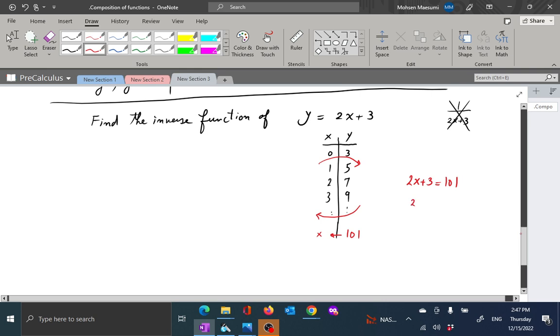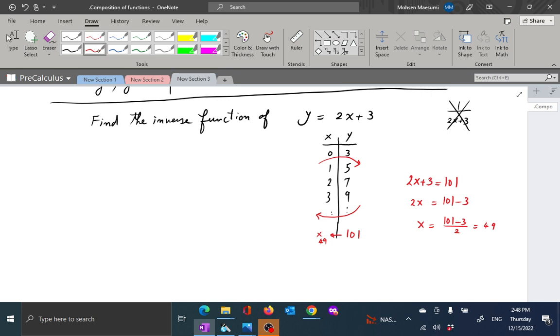You solve it, you subtract the 3, 101 minus 3, and then you divide by 2. I didn't do it so that you see the format, and then of course when you do it, you do get, say, 49. Well, you can say I can do this for any number. So if you give me y, any number y, I do the same thing, subtract 3, divided by 2.